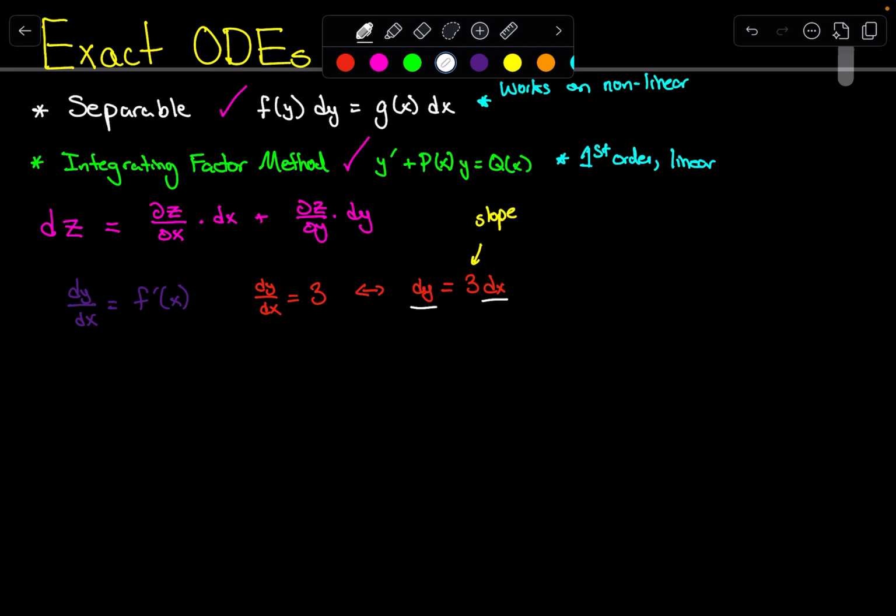So for instance, if we know that our change in x is 1, we would expect the change in y to be 3 because that's how slope works, right? That's rise over run. We expect, according to this little formula, that our slope is 3.